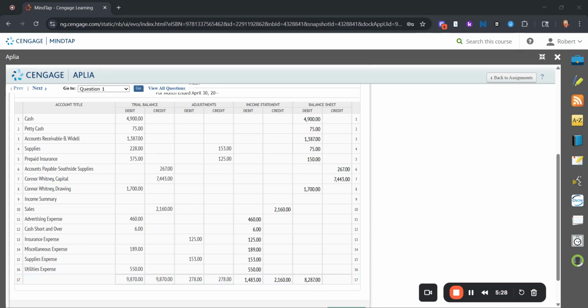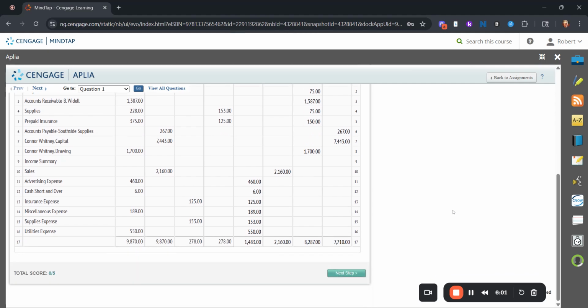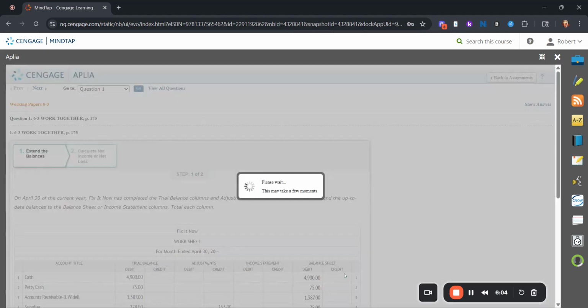Then the credit, 267 plus 754.43, 77.10. Notice these two don't balance either. That's all going to be tied together in the next step. So there's the column totals, ready for the final step here.